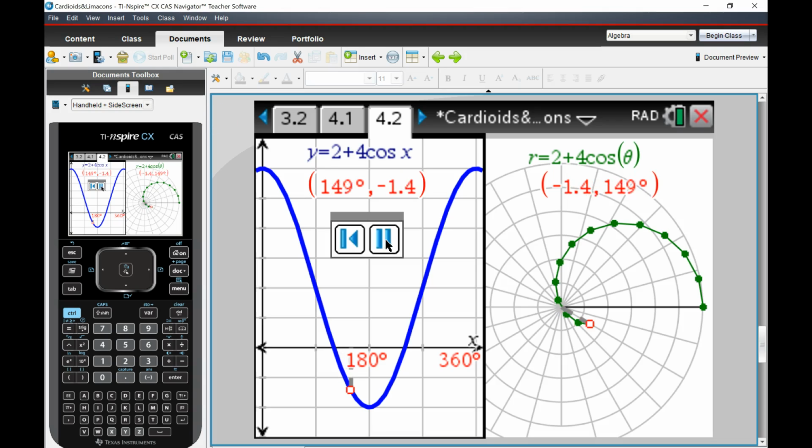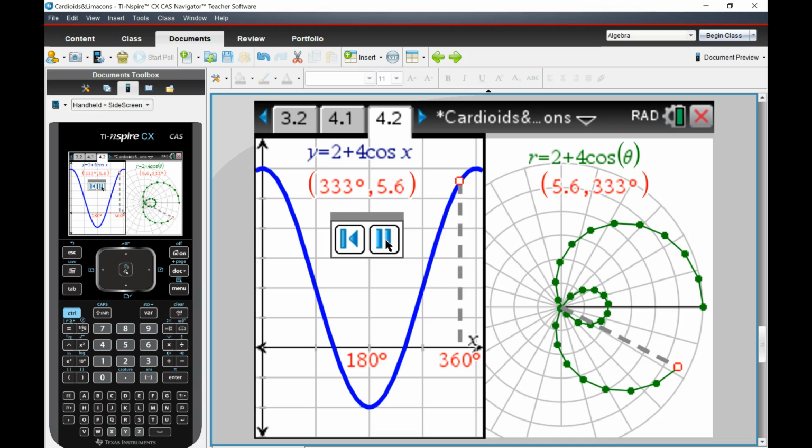So here we go, negative, negative, negative. There we go. Do you see that? And there. Right? Okay, isn't that cool?